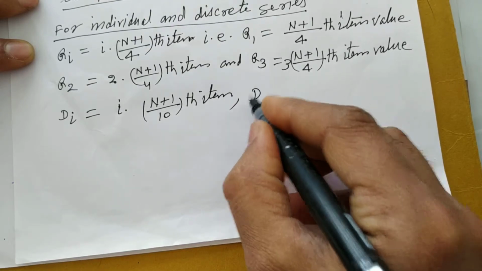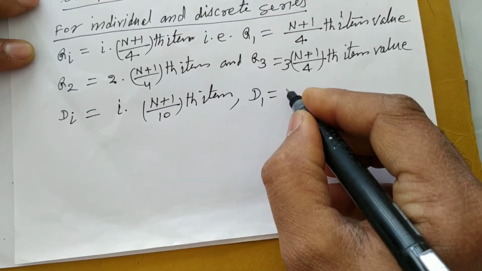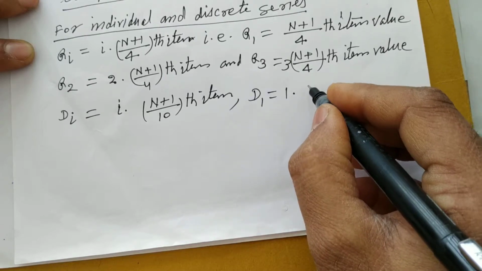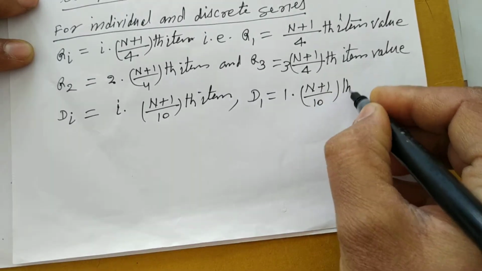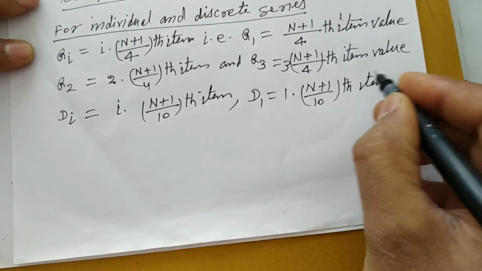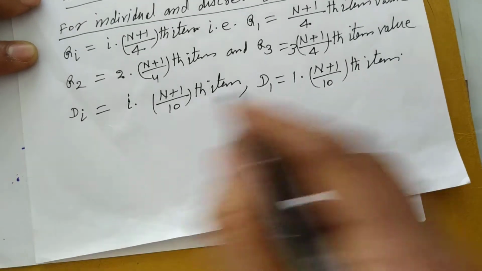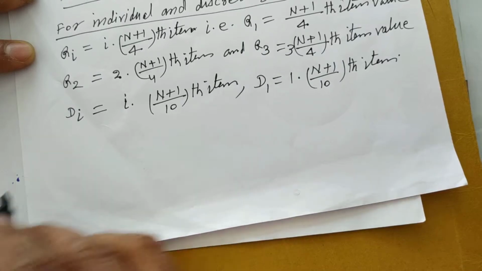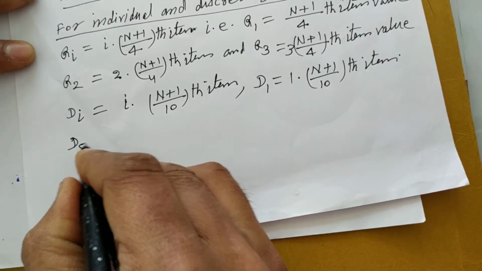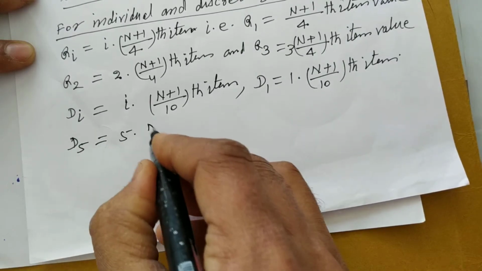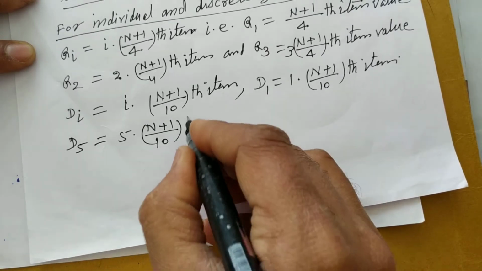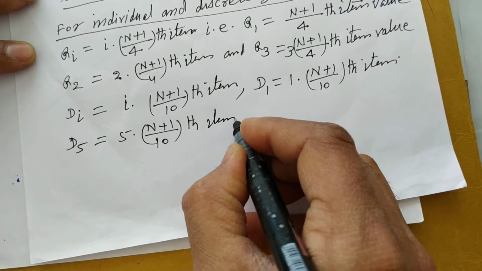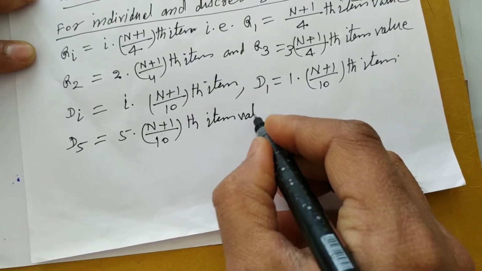That is D1 is equal to 1 into n plus 1 divided by 10th item value. Similarly, D5 is equal to 5 into n plus 1 divided by 10th item value.